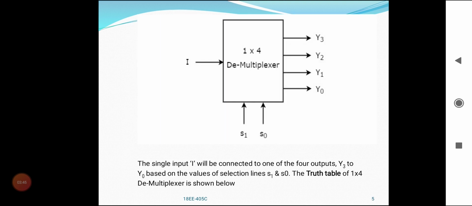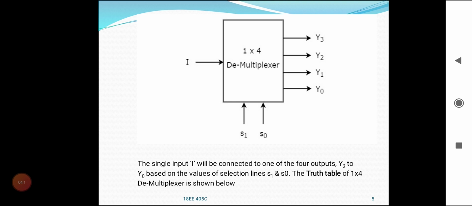It has a single input I, 4 outputs Y3, Y2, Y1, Y0, and 2 selection lines S1 and S0. So we can say that this is a 1 to 4 demultiplexer. The single input I will be connected to one of the 4 outputs Y3 to Y0 based on the values of the selection lines S1 and S0.